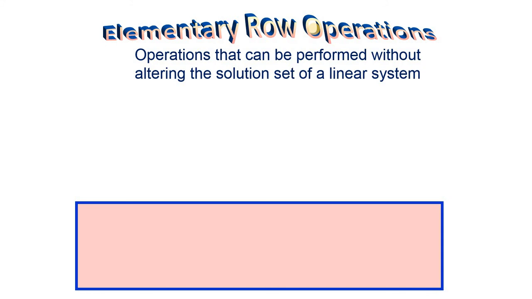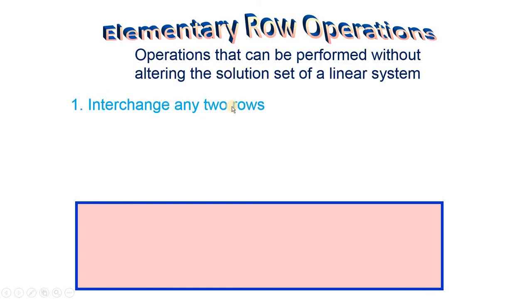So let's see what elementary row operations are. They are operations that can be performed without altering the solution set of a linear system.